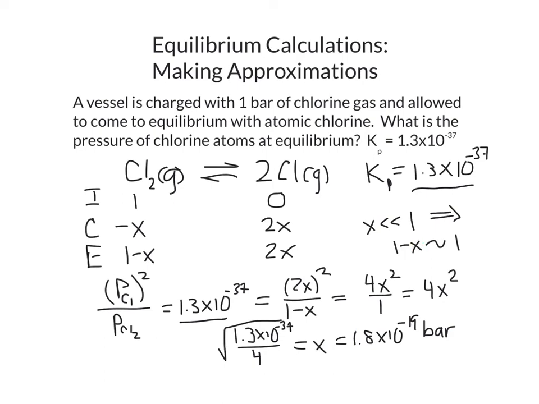If I take 1 and subtract this number from it, I will just have 1. And so essentially, none of the chlorine molecules have decomposed to form chlorine atoms, a very, very small negligible amount. But if I really want to know the pressure of chlorine atoms that I would have in that system, I can calculate it as 1.8 times 10 to the minus 19 bar.